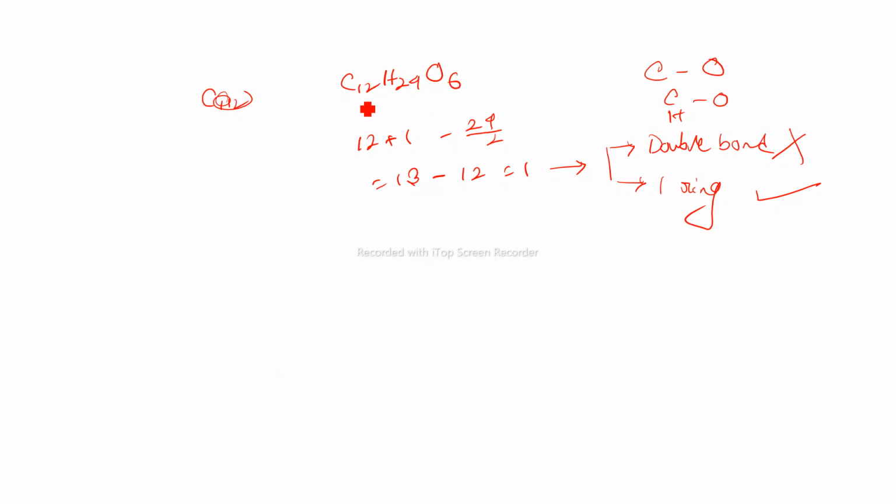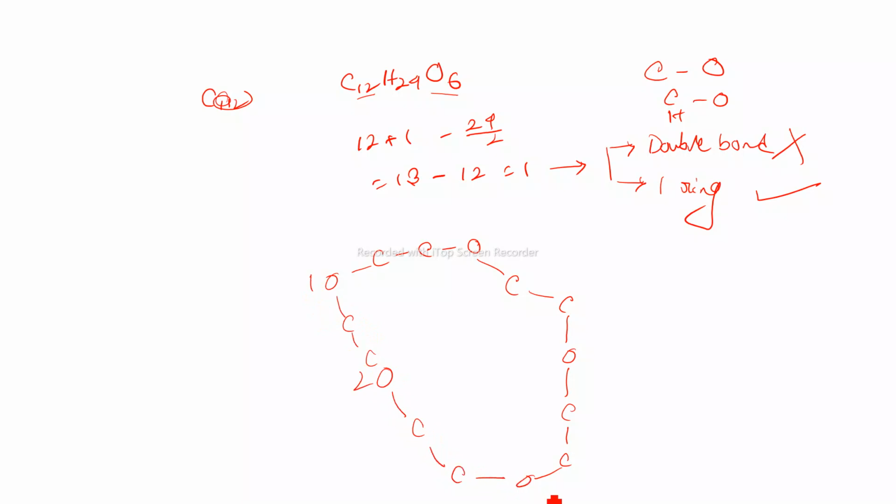How can we symmetrically place 12 carbon and 6 oxygen? 2 carbon, 1 oxygen, 2 carbon, 1 oxygen, and so on. Counting the oxygens: 1, 2, 3, 4, 5, 6. So the skeleton should be like this: 2 carbon, 1 oxygen, and now place the hydrogens here.